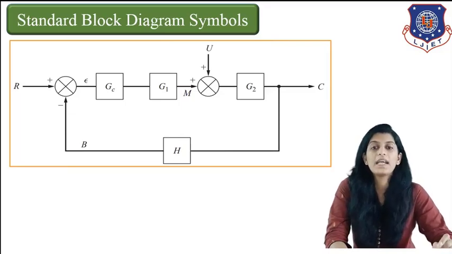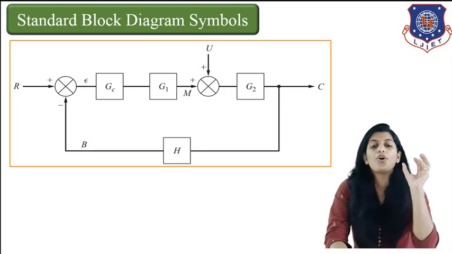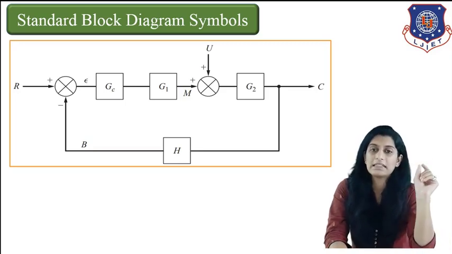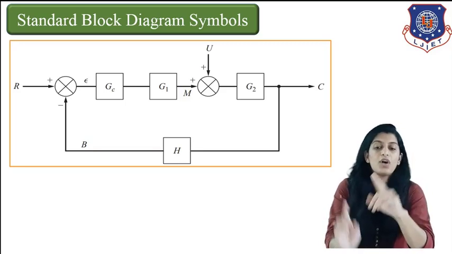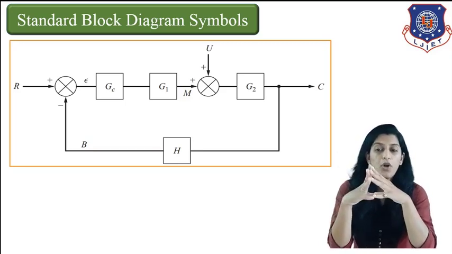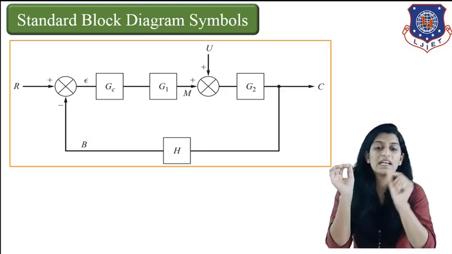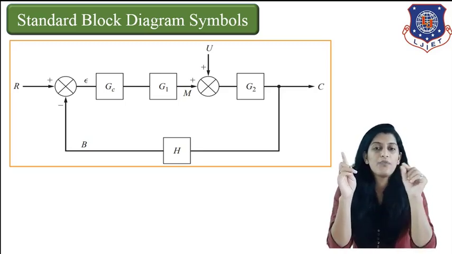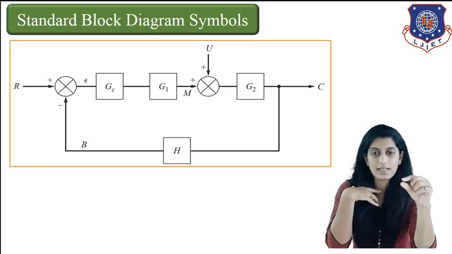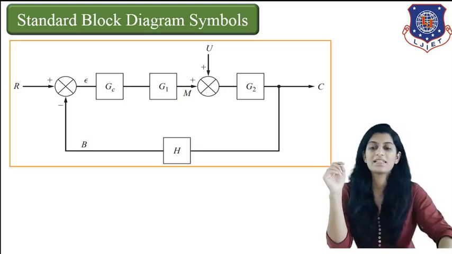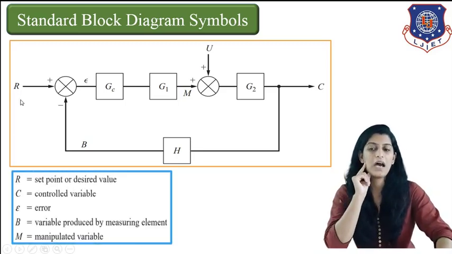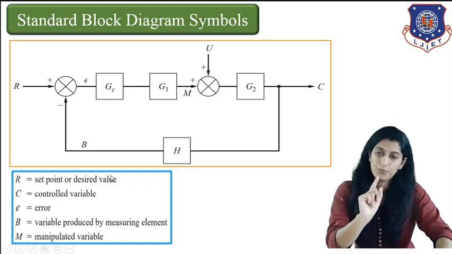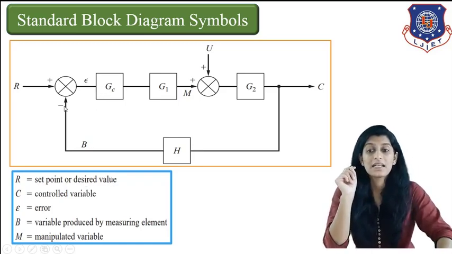So we simply show the block diagram with small letters or small alphabets and we do have their standard form. As you can see in this particular block diagram, I have noted down all the elements with specific characteristics, right? As you can see here, R, right? So let's see what R is. R is known as set point or desired value. What is C?